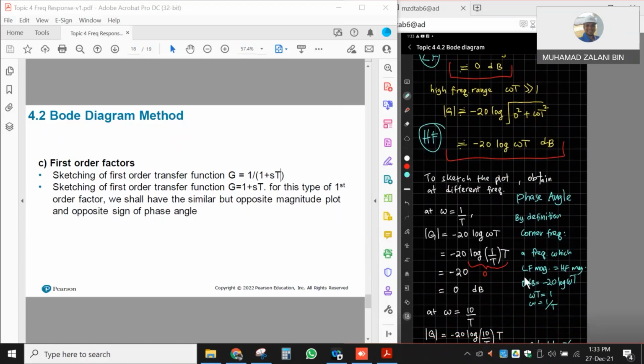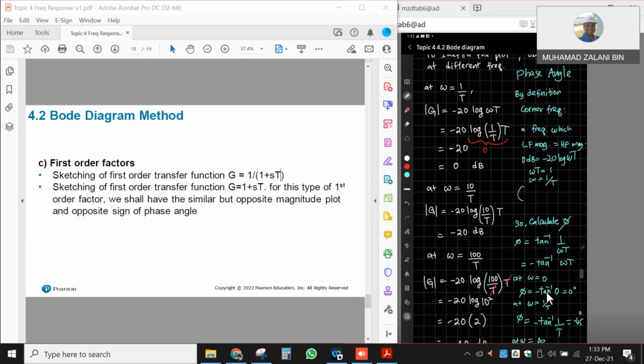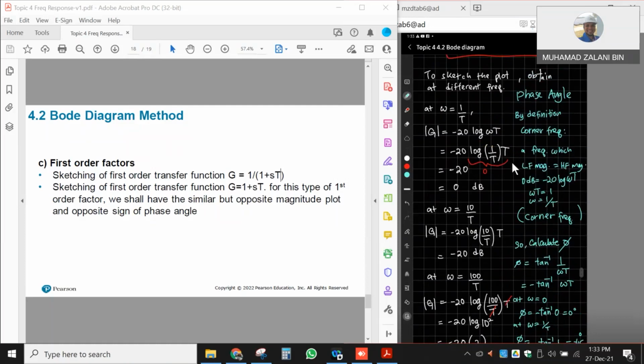So 0 equals negative 20 log omega t. Further calculating this, we get the corner frequency, which is omega equals 1 over t. Using this definition.